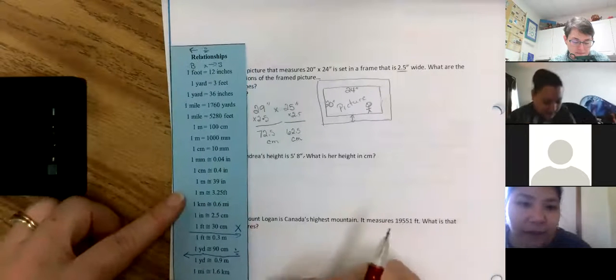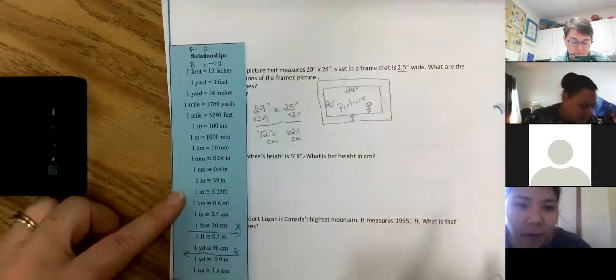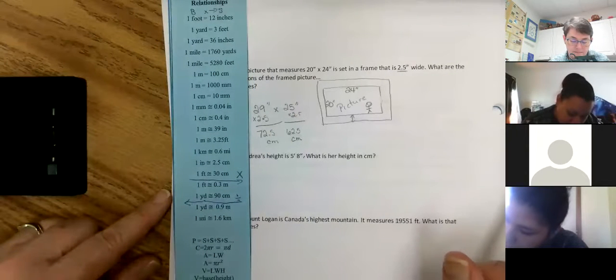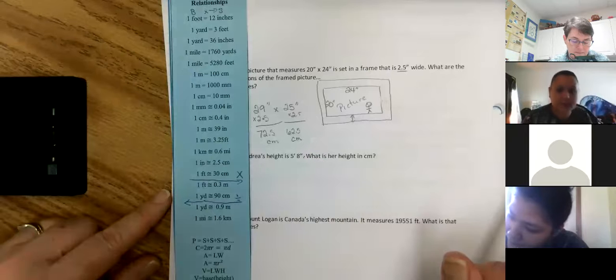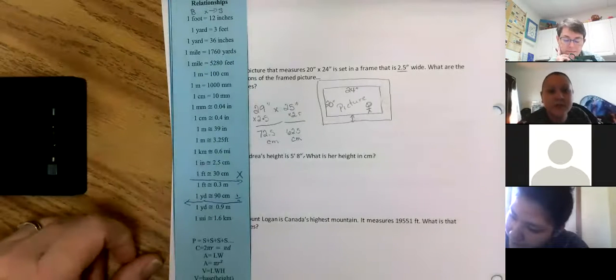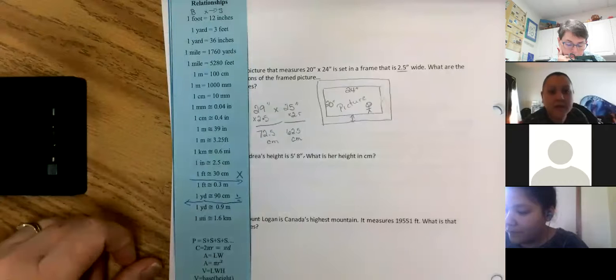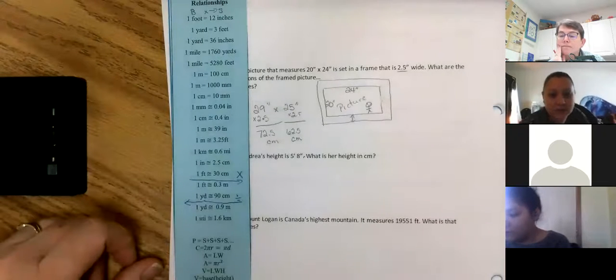So height in centimeters 5.8. How do we convert the 5 feet?